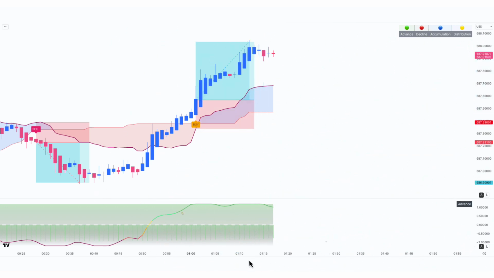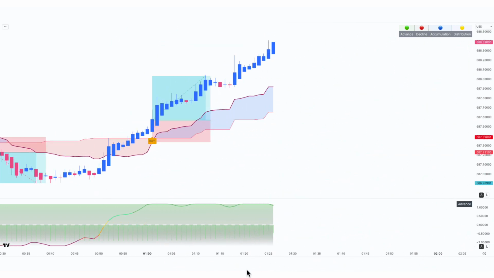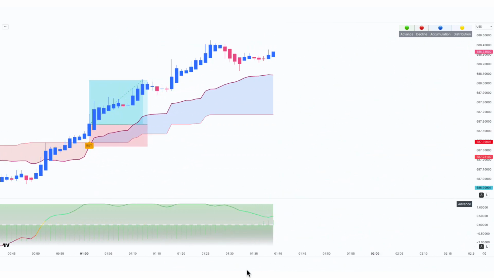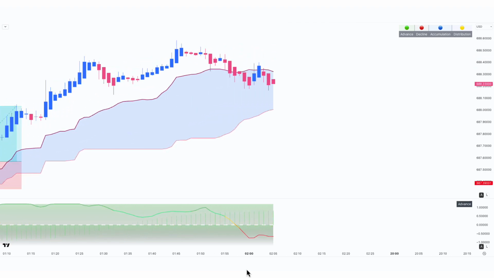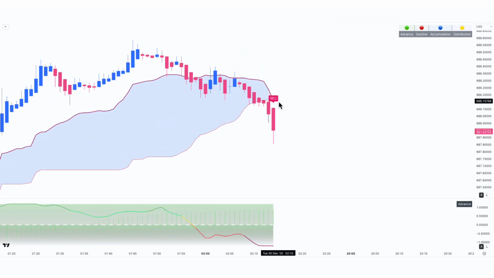Let's find the next trade. Here, the Tenkan Cloud label down of this indicator is a sell signal. Here, the maroon line of the regime classifier oscillator is below the zero line. Here, the market has made a bearish candle to give confirmation.